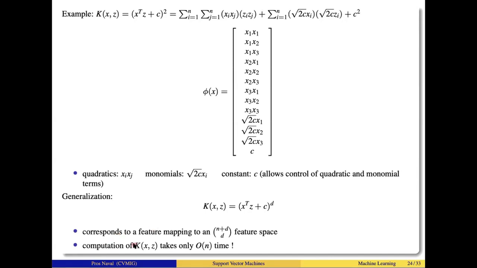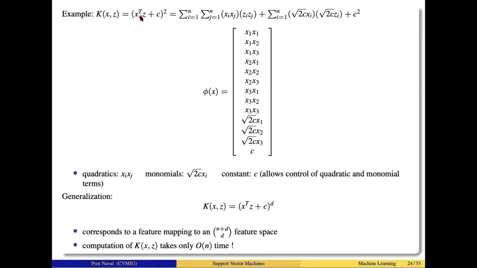This basically corresponds to a feature mapping into a feature space that has n plus d choose d dimensions. And the magic of this is that the computation of this kernel takes O(n) time. Why?